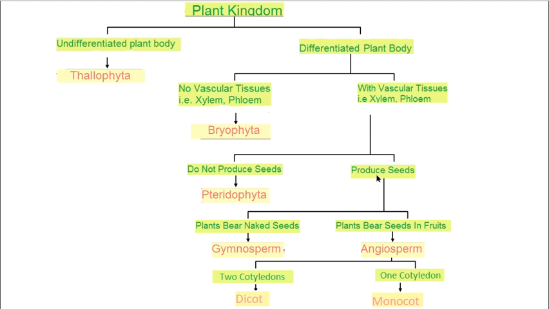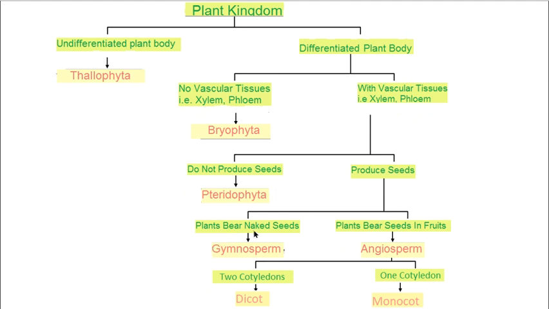This type of plants which produce seeds are again divided into two: plants which bear naked seeds, and plants which bear seeds inside the fruits. Means seed producing plants can have open seeds and can have seeds enclosed within the fruit. Fine.